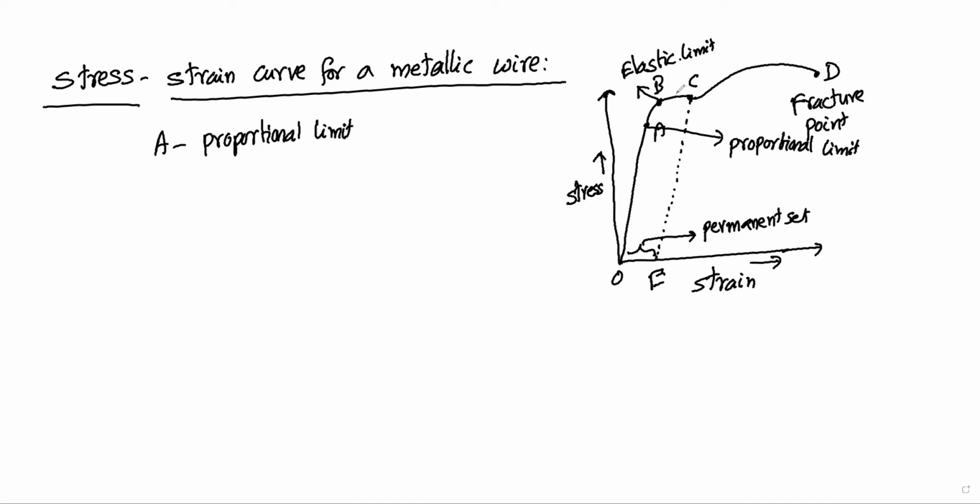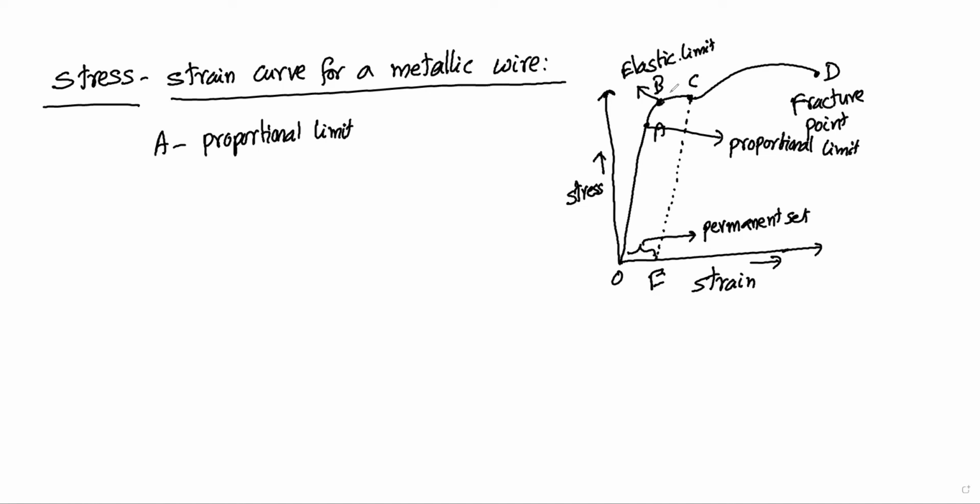After point A, stress is not proportional to strain. It's a curve, the AB line. However, if load is removed at any point between O and B, the curve retraces the path BAO. The portion OB of the graph is called the elastic region.